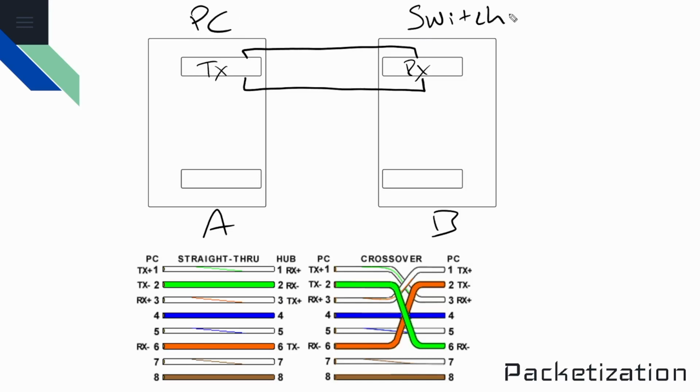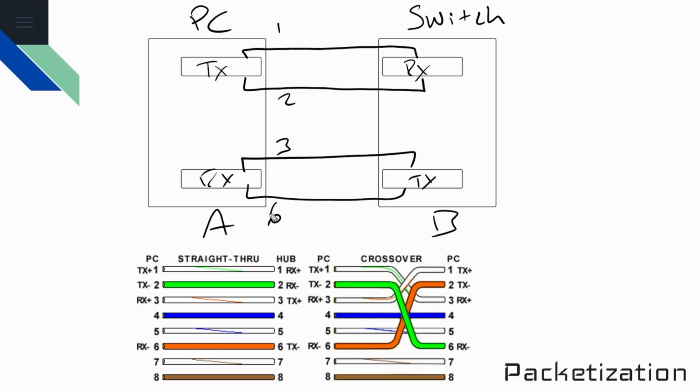Now the computer network interface card transmits on pins 1 and 2, and it receives on pins 3 and 6. Knowing this, the network switch does the opposite.